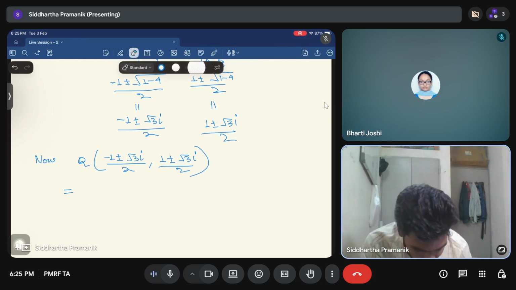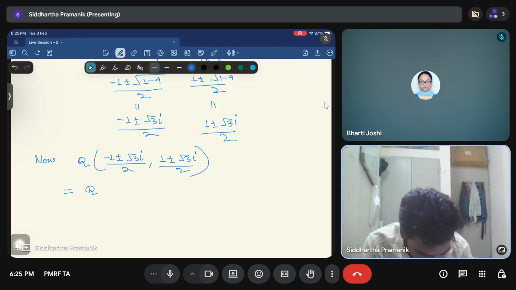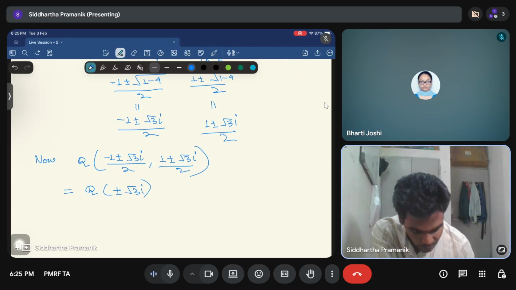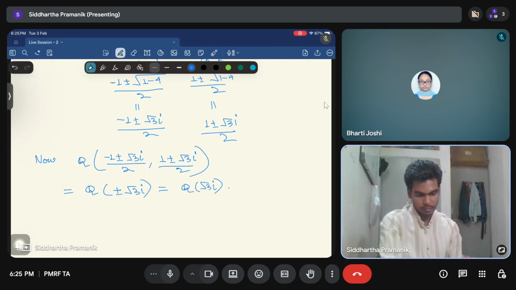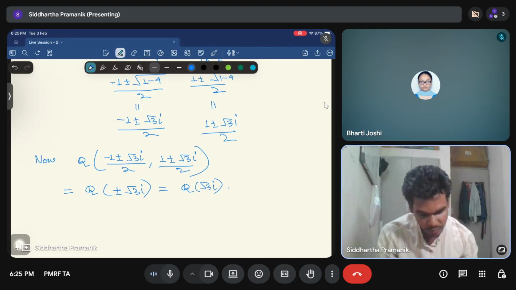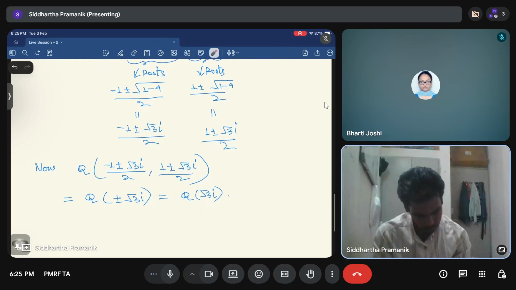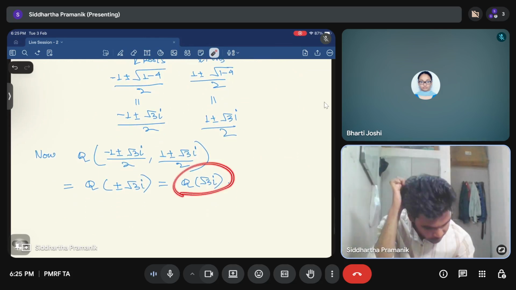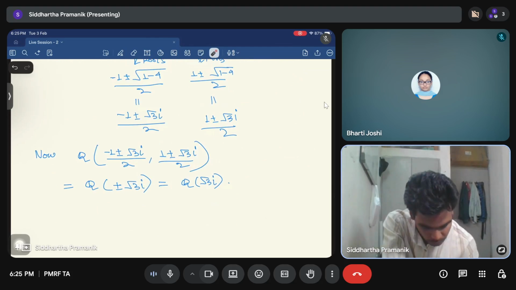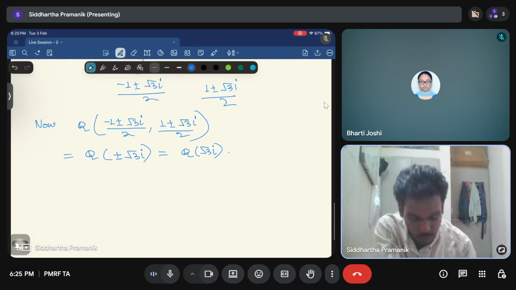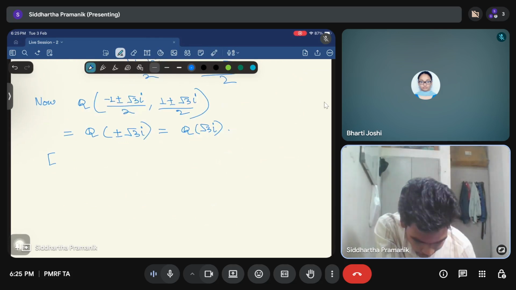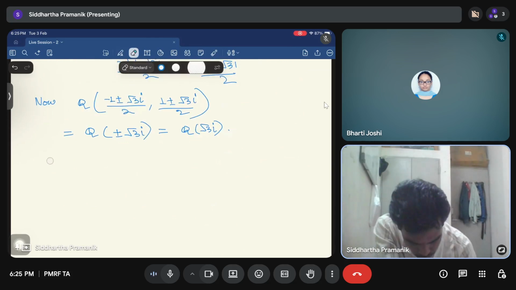So this is basically Q adjoined ± sqrt(3)i, and since it's a field, it is just Q(sqrt(3)i). This is the smallest field which contains all the roots. And the degree of this extension is 2, which is also easy to find. So this is the splitting field.